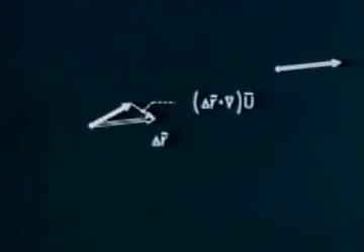Now, if the velocity of the entire flow changes with time, as it does here, the Eulerian vectors also change with time.